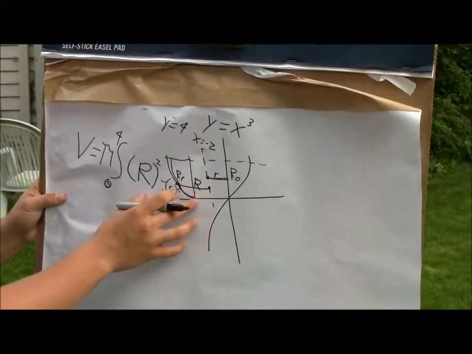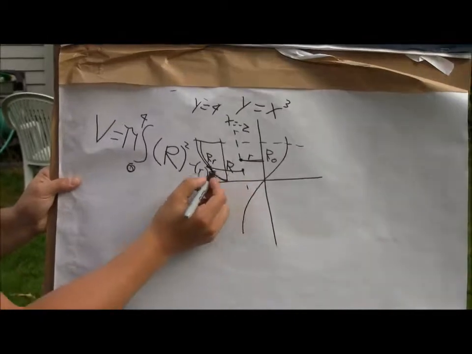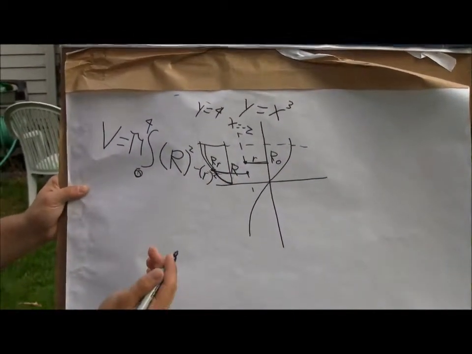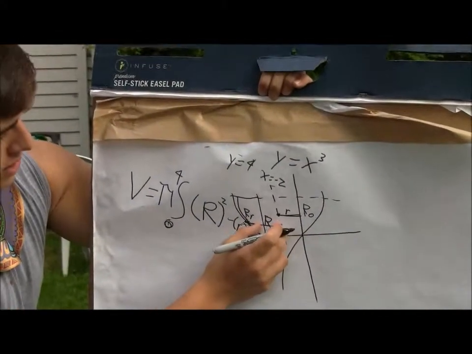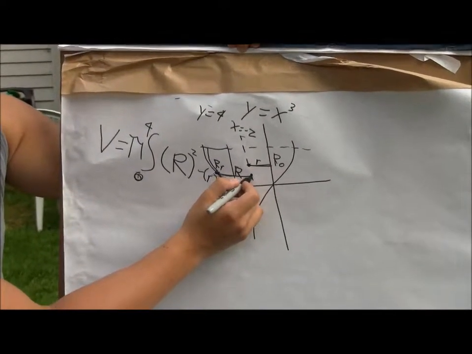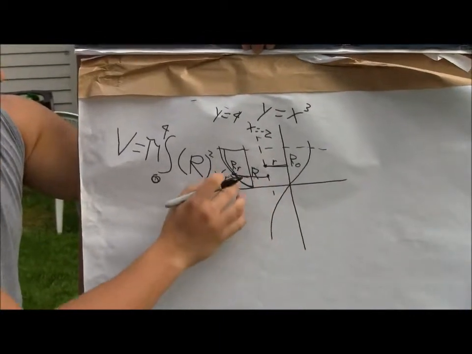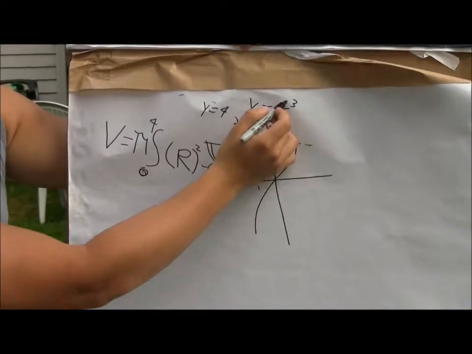But we can look at the picture, that can help us a lot. So our big radius for this one is this whole line here, from here to here. So what is that? The way you find that is you add this region here, which is 2 because it's from negative 2 to your line. So this is always going to be a length of 2, and then you add it to the function, and that's y equals x to the power of 3.